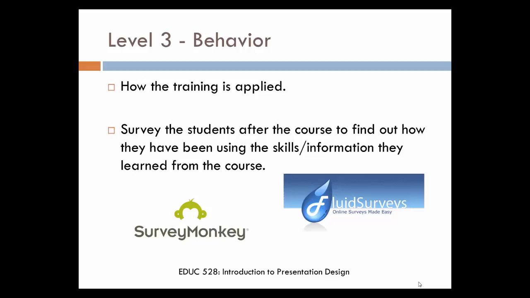So you can actually measure if they have the skill or behavior. Behavior is a bit more involved than the previous levels, as you can see. So as you go down the steps, you see that the evaluation becomes more intense. However, this can be a very effective evaluating tool.